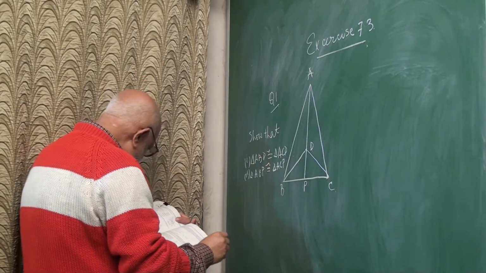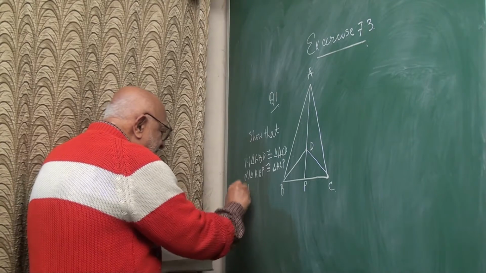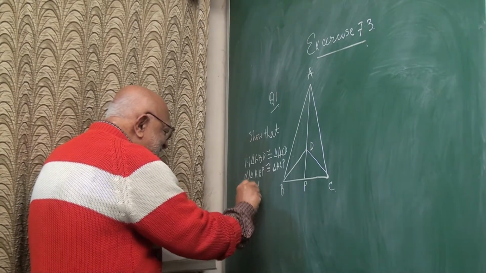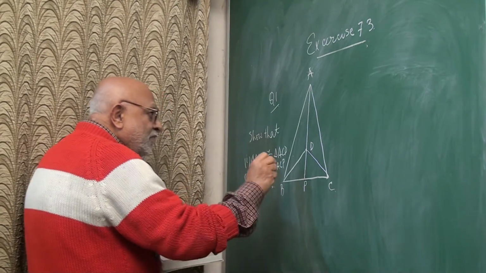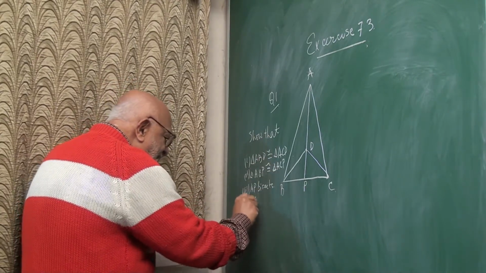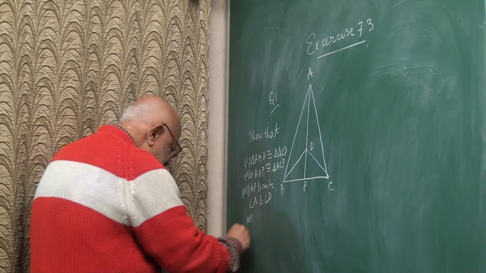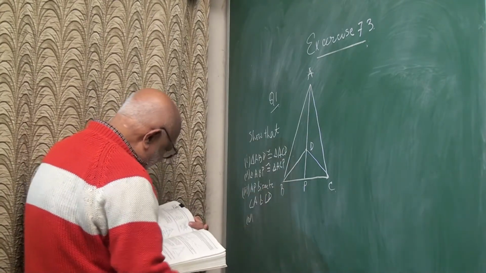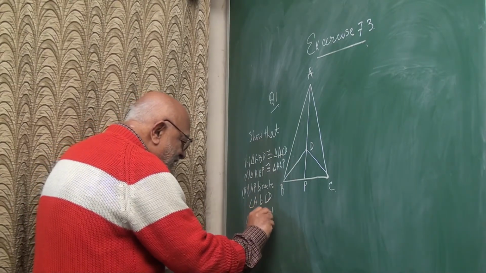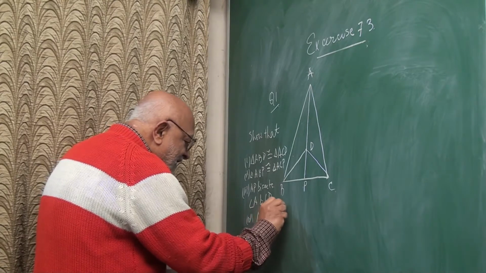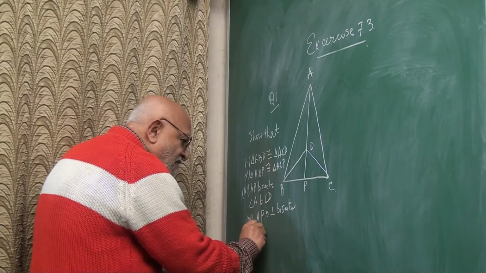And to show that, three, AP bisects angle A and angle D, and four, AP is the perpendicular bisector of BC.